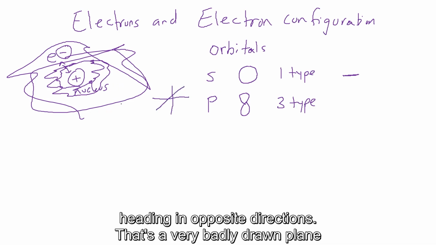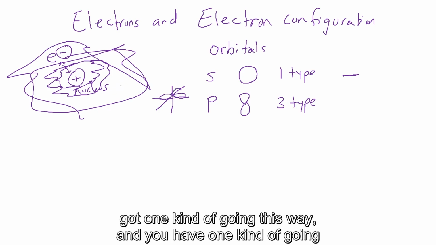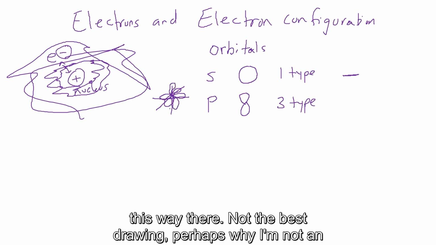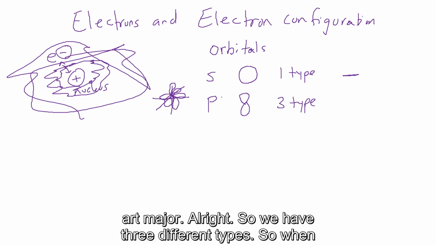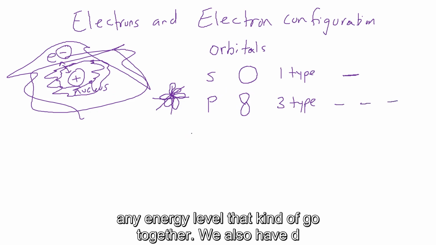That's a very badly drawn plane right there. But again, you've got one going this way, one going this way, and one going this way. Not the best drawing, perhaps why I'm not an art major. All right, so we have three different types. So when we're talking about p orbitals, there are really three of them on any energy level that go together.